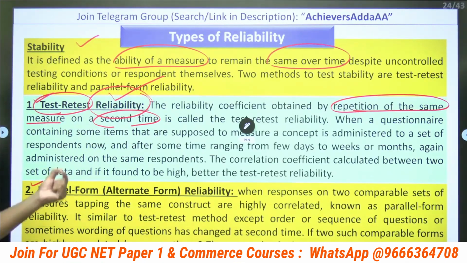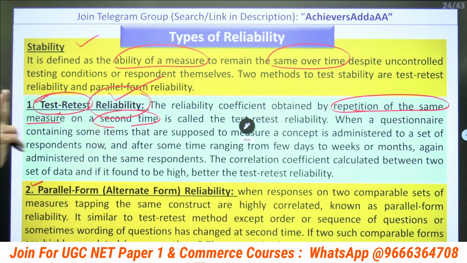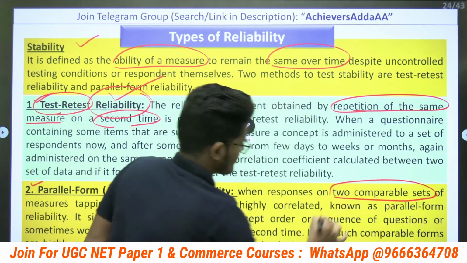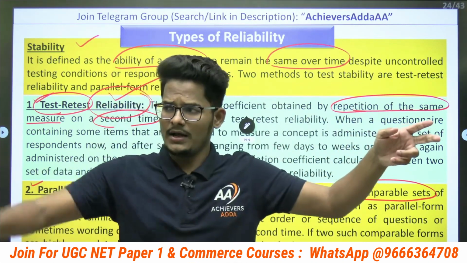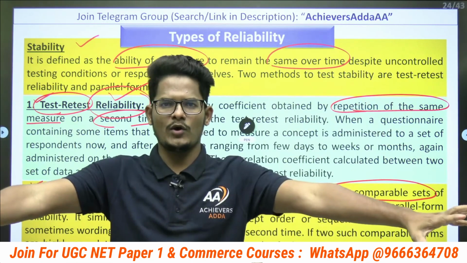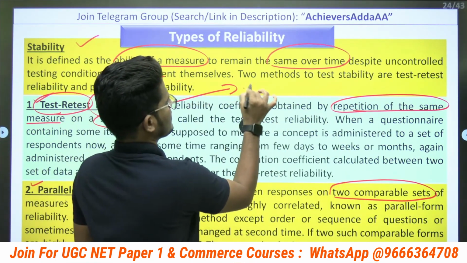Now, parallel form or alternative form of reliability. When responses on 2 comparable sets of measures tapping the same construct are highly correlated. In the first one, test 1 and test 2 are the same test with the same respondents, but the time period is different.